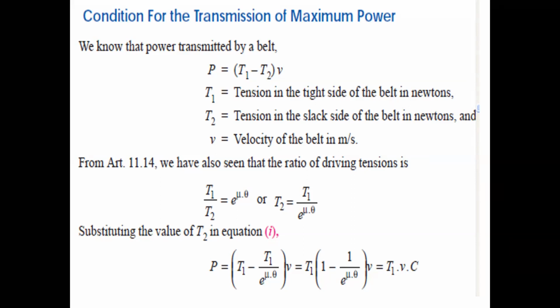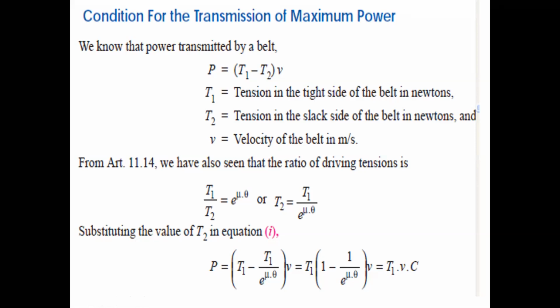Now substituting this value in our basic equation, P equals T1 minus T1 by e power mu theta, into V. That equals T1 into 1 minus 1 by e power mu theta, into V.